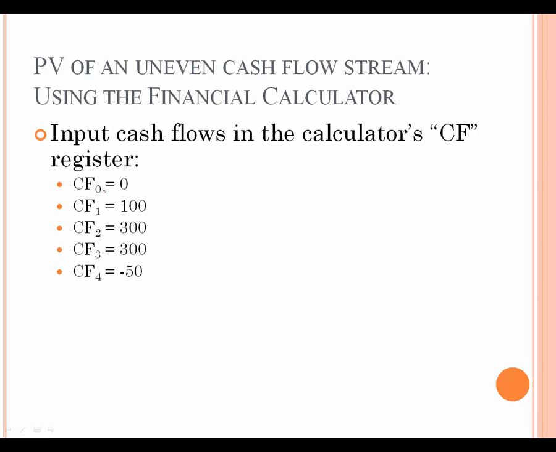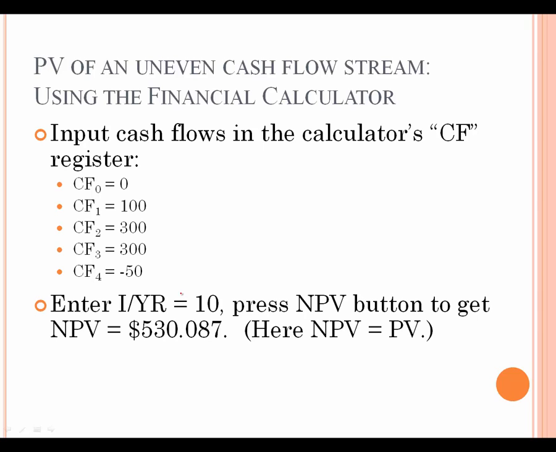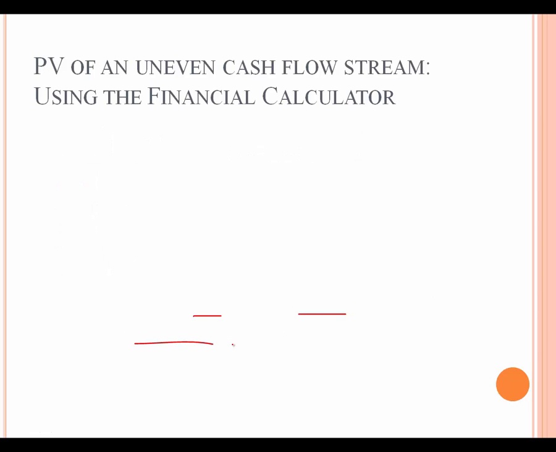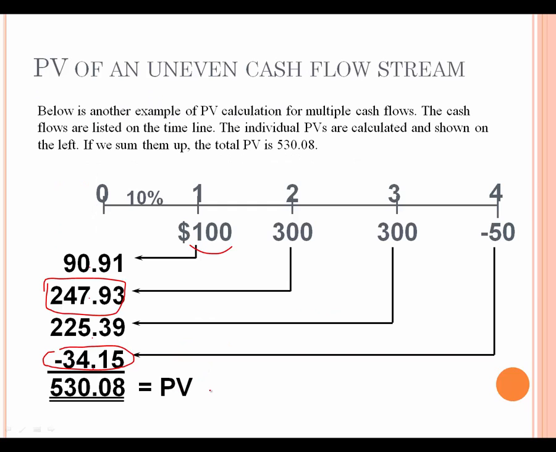So here I'm just going to tell you the inputs. CF0 will be 0, and other than that, every year you have a different amount of cash flows. You just need to input them one by one, and then you tell the calculator the interest rate is 10%, and then you compute the NPV. Look at the NPV function in your calculator. You can get the total present value of 530.086, which is the same result as you have here when you do it manually.